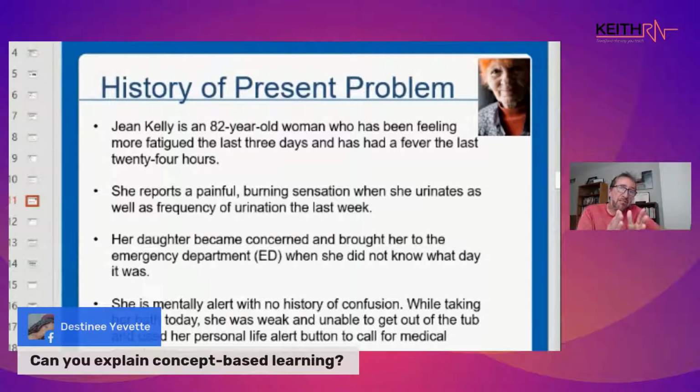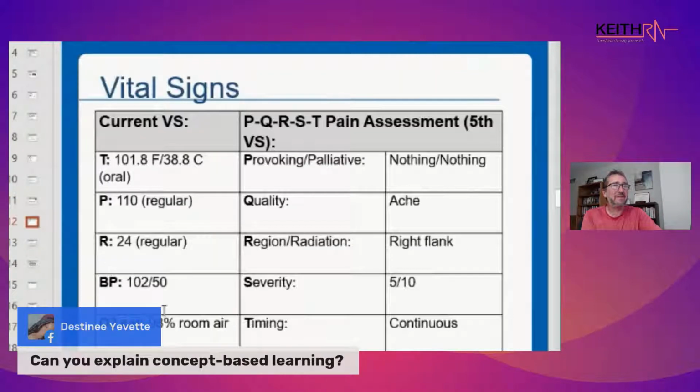Then the next step: why is it clinically significant? Just like a nurse needs to know the rationale for the plan of care, you need to know the why of clinical data. And that's where your pathophysiology and that knowledge really comes into play. That's why that is so important. So now let's go to our vital signs.